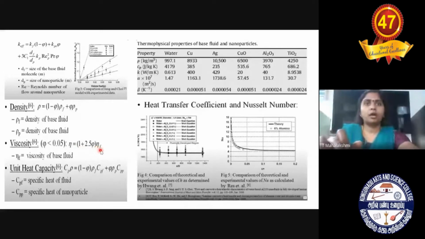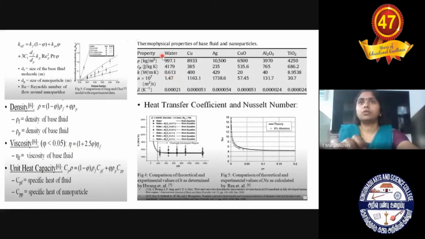So this is the formula. In this formula, we need to substitute all the thermophysical properties which are listed in this table. By substituting all the thermophysical properties in these formulas, we will get the density, viscosity, unit heat capacity, dynamic viscosity, and thermal conductivity. We will get all the thermophysical properties of the nanofluid.